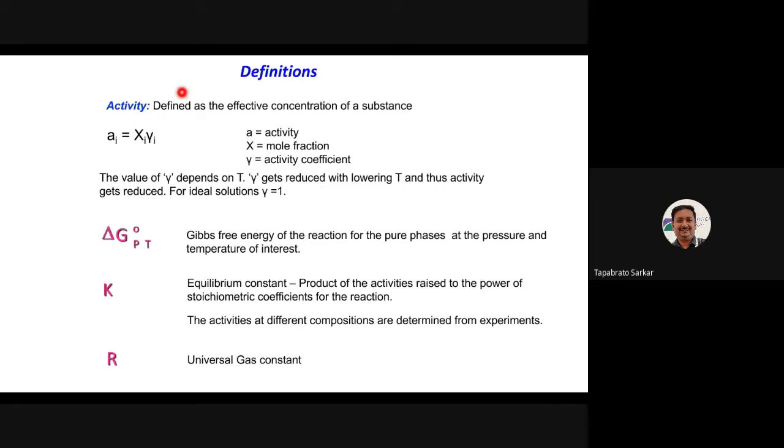So it is defined as the effective concentration of a particular substance. This is the activity of it. What I mean is that activity is dependent on the composition, where activity is mathematically defined as X into gamma, whereas X is the mole fraction and gamma is the activity coefficient.